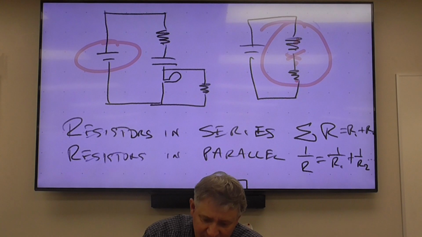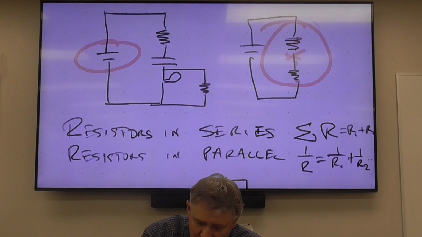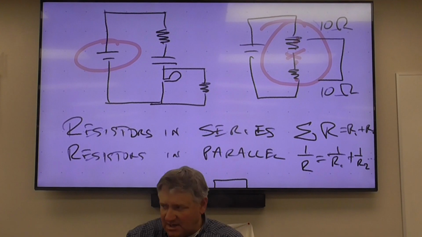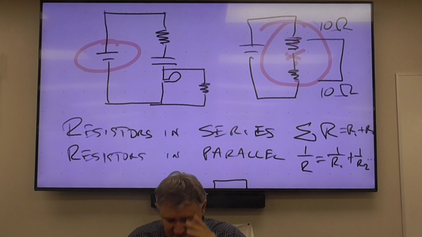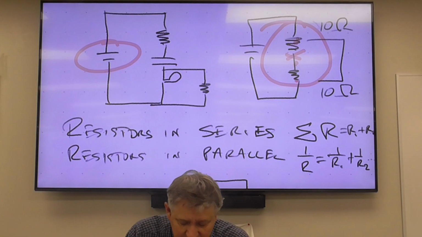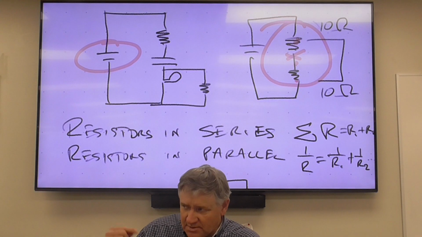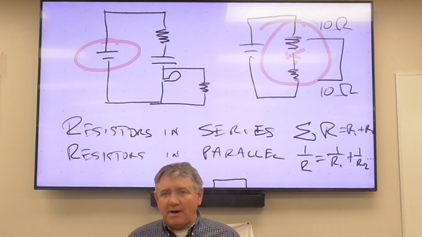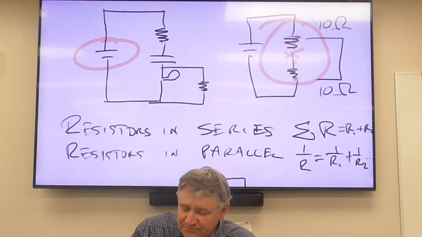So let's say, for example, and this is the key part of the terminology, you have two 10-ohm resistors. It's a standard number to use on resistors. They can be a lot bigger, but let's just say that they're 10 ohms. Part of the terminology when you're dealing with circuits is the equivalent resistor.